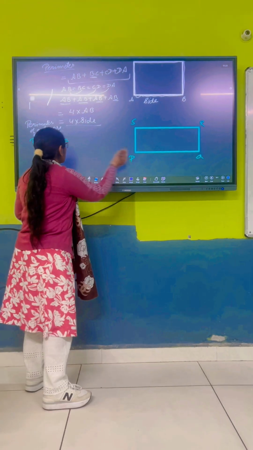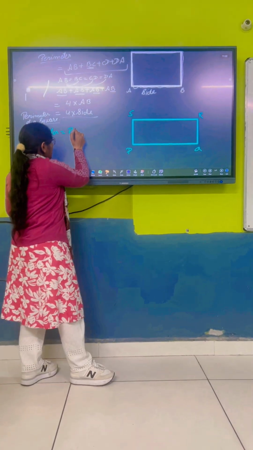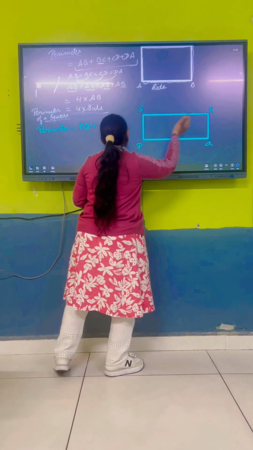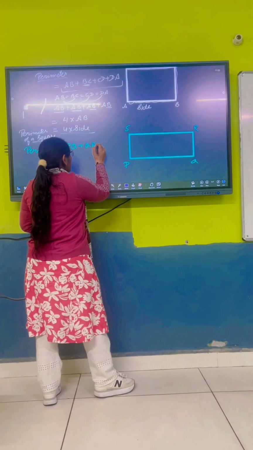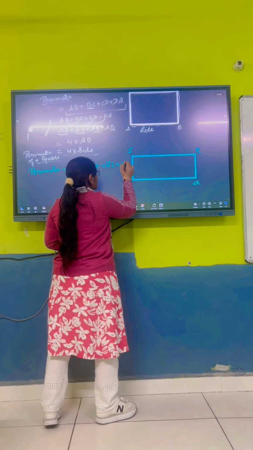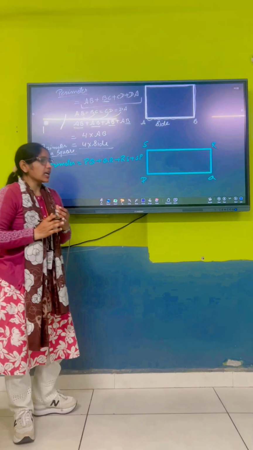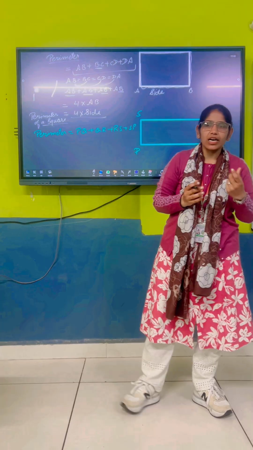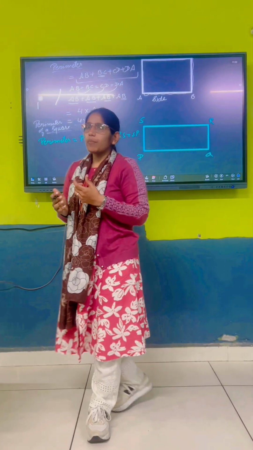We will start from P. P to Q is side PQ, then side QR, side RS and side SP. In a rectangle, opposite sides are equal and parallel.